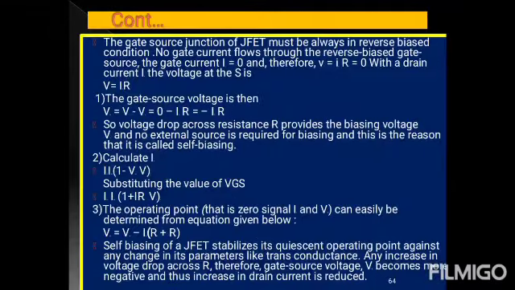The self-biasing of a JFET stabilizes the Q point, the operating point, against any changes in parameters like transconductance. Any increase in the voltage drop across RS keeps the gate voltage more negative, and thus the increase in the drain current is reduced.